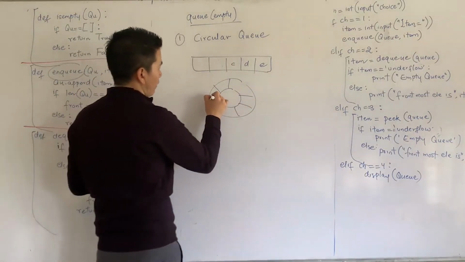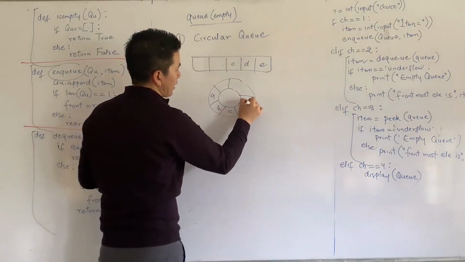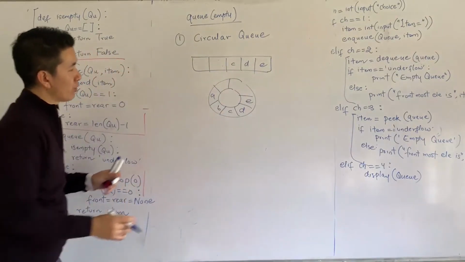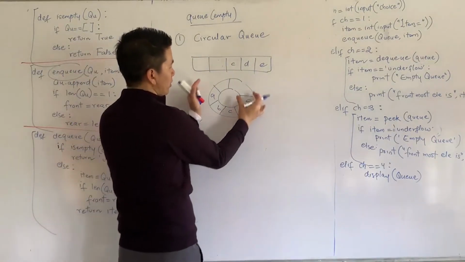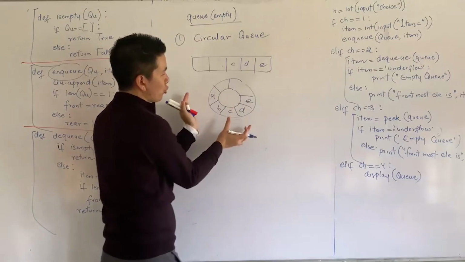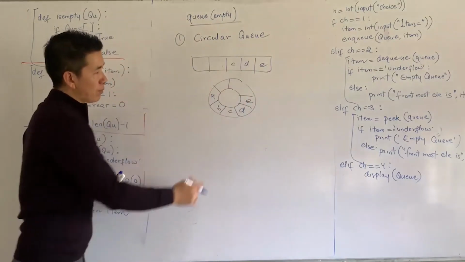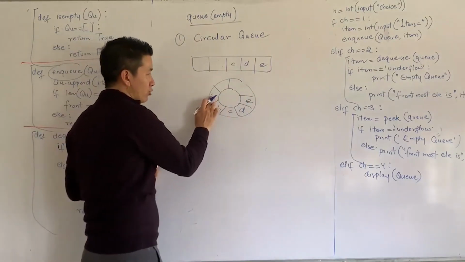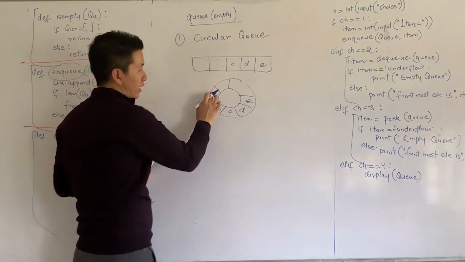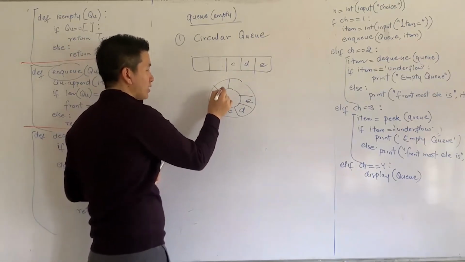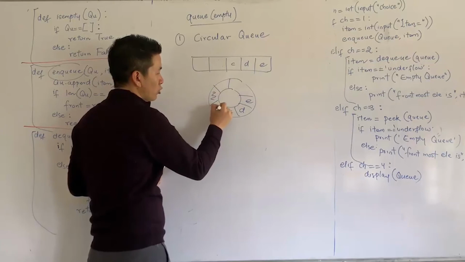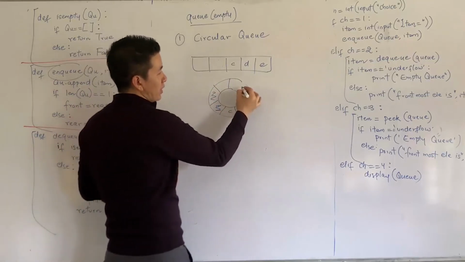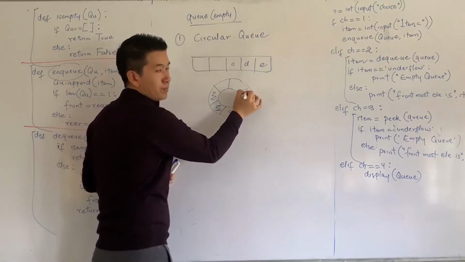Let's say you have A, B, C, D, and E. So somehow if we could make the shape into circular, then what happens is, say I get rid of this, alright, I get rid of this, now this is unutilized, I get rid of this, this is unutilized, alright, but I could add the new elements here, okay?